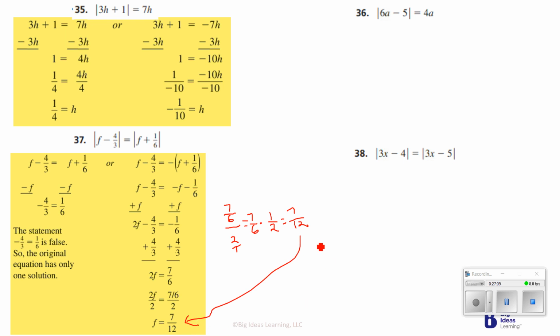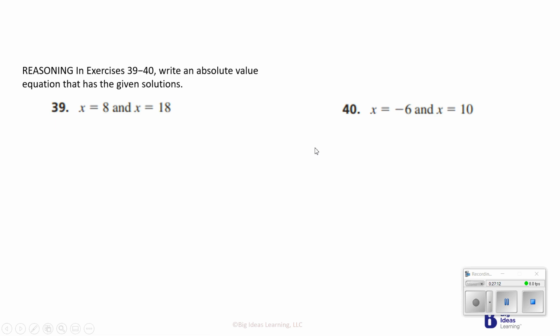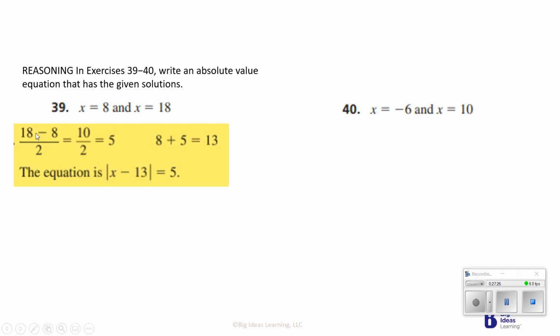All right? We're going on to number 39. This one says write an absolute value equation that has the given solution. We're writing an equation that gives us a solution of x is equal to 8 or x is equal to 18. Well, I could say that 18 minus 8 is equal to 10. 18 minus 8 divided by 2 equals 10 over 2, which equals 5, right?